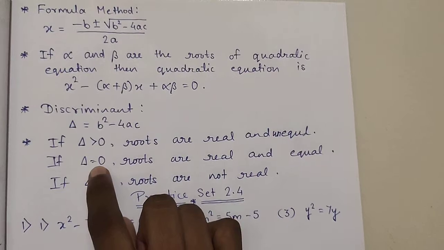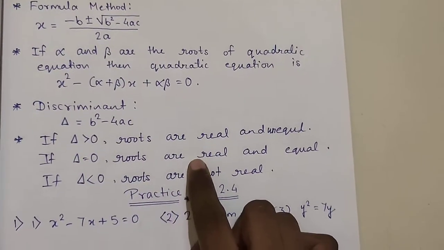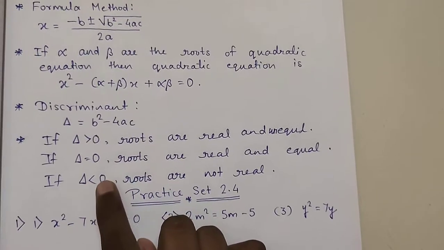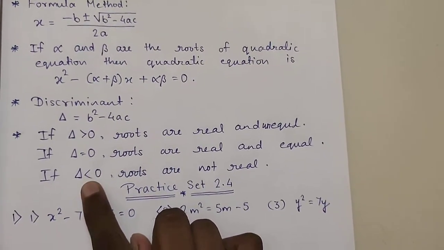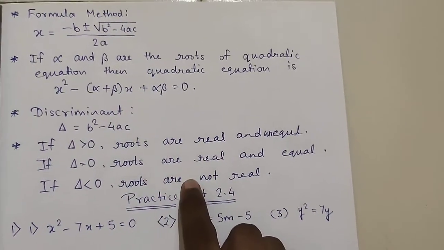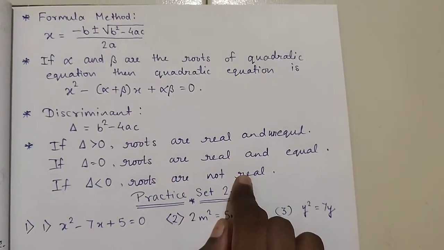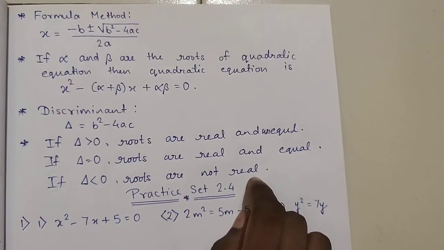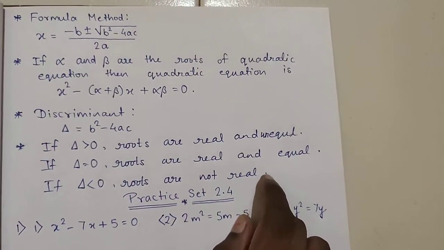Whenever your delta value is 0, your roots will be real and equal. And whenever your delta is negative, roots are not possible, that is, not real. Whenever roots are not real, you stop your solution there only. You cannot solve any further.